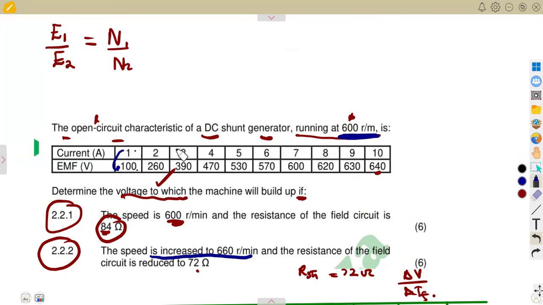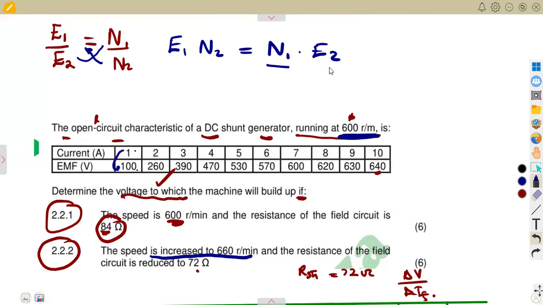We are worried about the voltages. From this, we are going to make E the subject because the speed has changed. Cross multiply, that is going to be E1 times N2 is equal to N1 times E2.